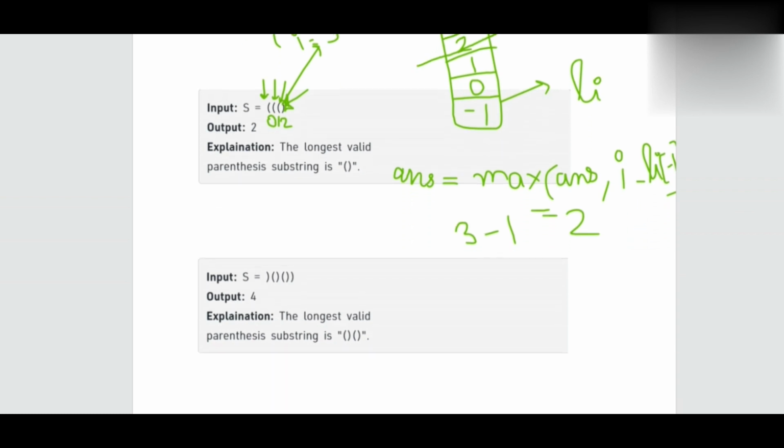Now see the next example. Initially li contains -1.